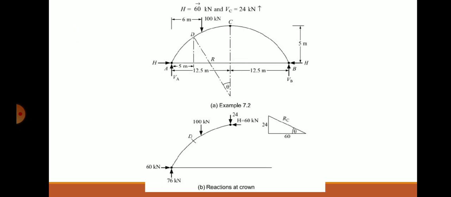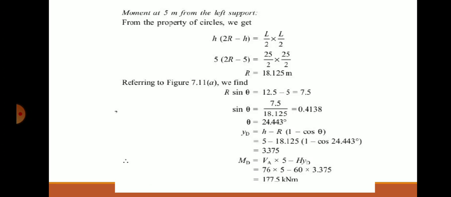In order to evaluate theta, as usual R sin theta, sin theta is equal to the D to C distance divided by R. So, R sin theta is equal to 12.5 minus 5, that is the distance 7.5. The same concept you have used: you can form a triangle, drop a perpendicular, and evaluate theta. So, theta is found to be 24.43 degrees.